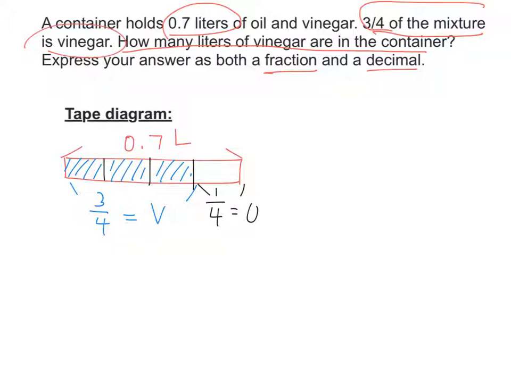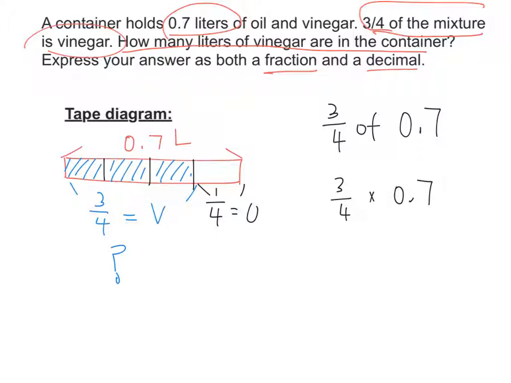And we're trying to figure out how much vinegar there is, okay? So we could say 3/4 of the mixture, the entire thing, which is 0.7, is vinegar, yes? So we could say that's 3/4 times 0.7.